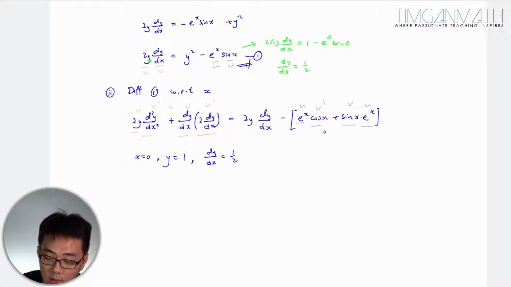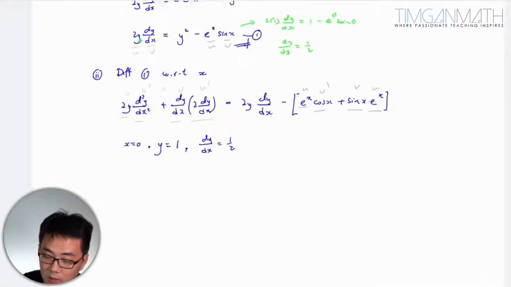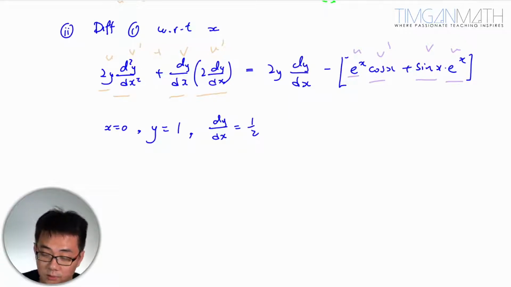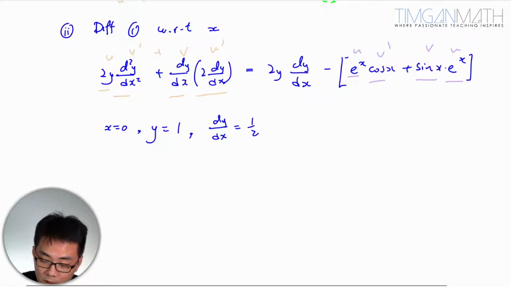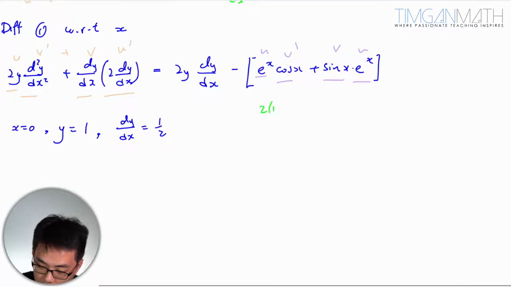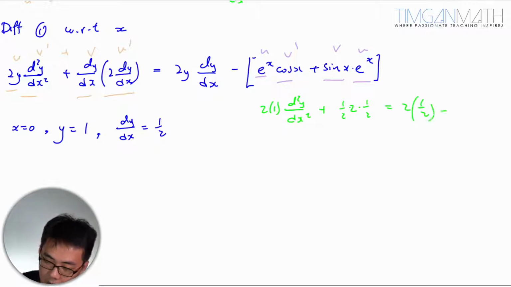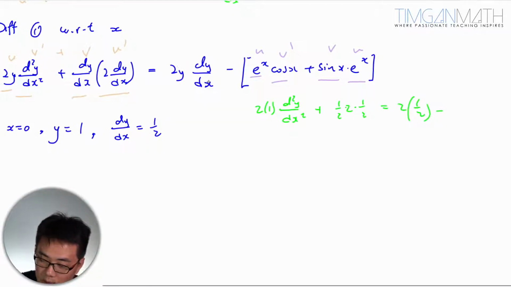So this one, we don't really need to simplify, because we just need to find what the values are there. So y is 1, so this would just be 2 times 1 times d squared y/dx squared. Then dy/dx would just be half, times 2 times half, equals 2y times half, minus 2y, which is 1, right, times half. E^0 is 1, cosine 1 is 1, sine 0 is 0, so this will be 0 here.